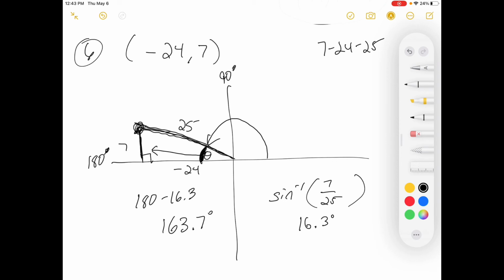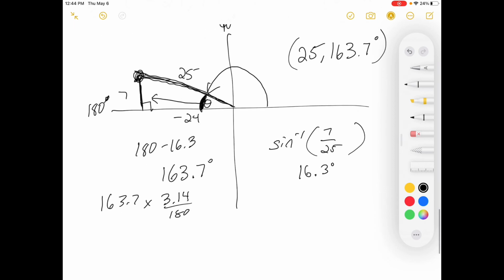So my polar coordinate would be 25, 163.7 degrees, or convert that to a radian. That would give you 2.86.